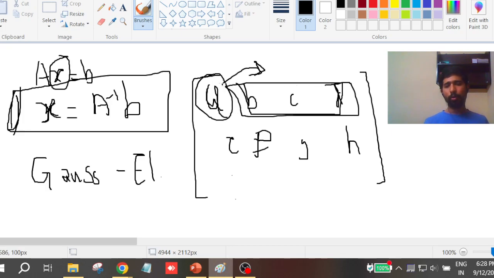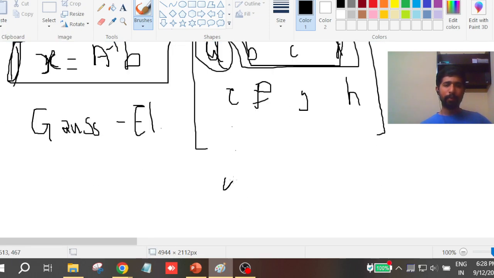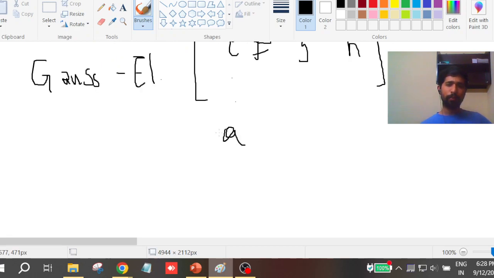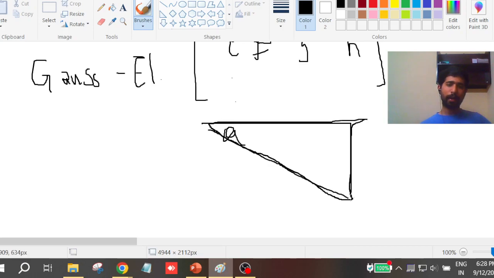If it is true, we can easily convert this matrix system in such a way that we finally land up with a matrix which has either a lower triangular or an upper triangular form. One thing, we are dealing with a square matrix here.